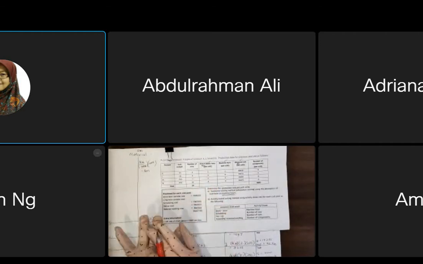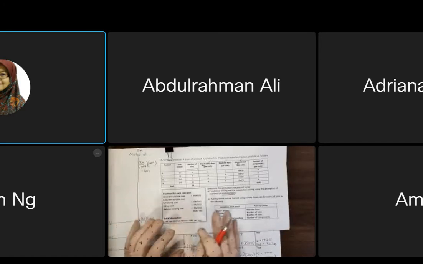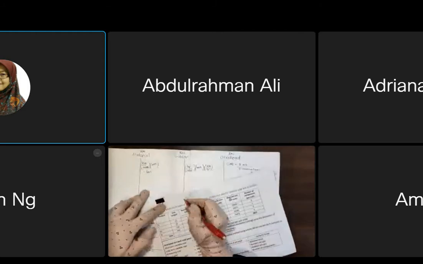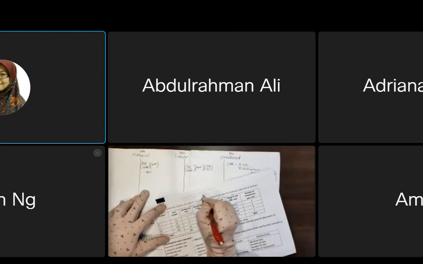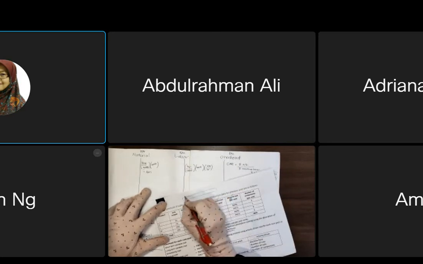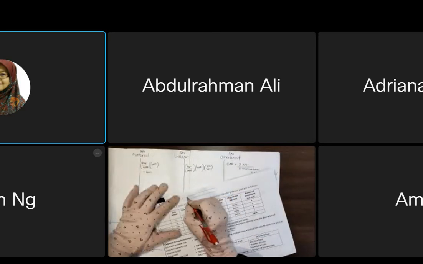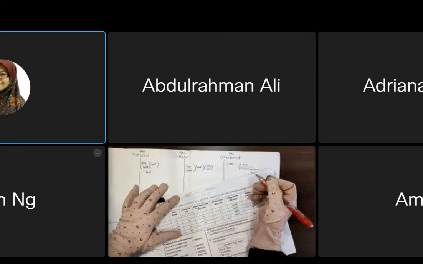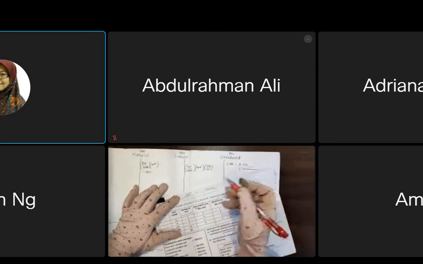Because we have two different overheads. Overhead that is produced in the production line, or the production department. In the production department you may have cutting, welding, machining, assembly. These are all the production departments.